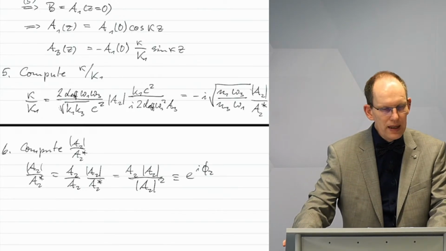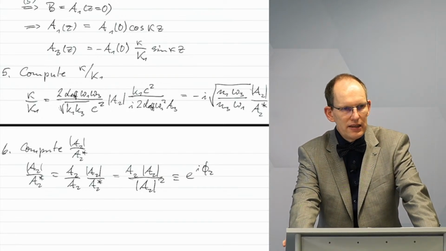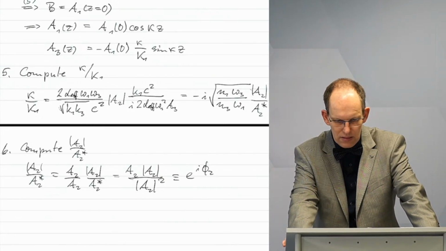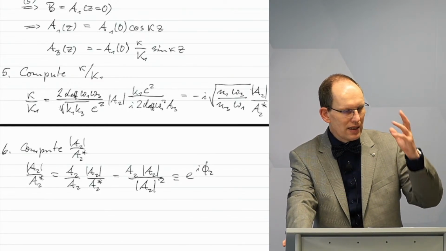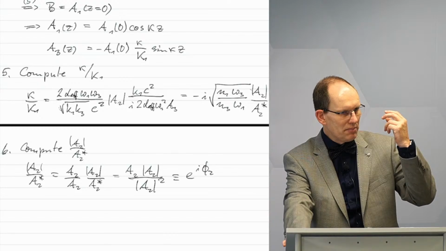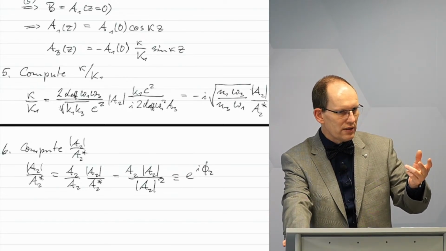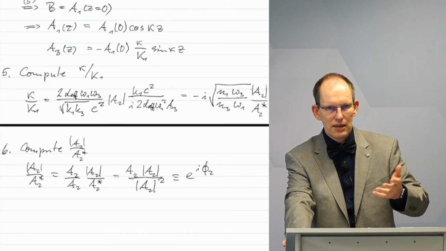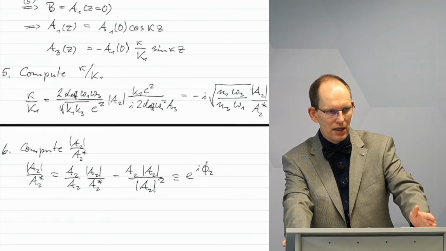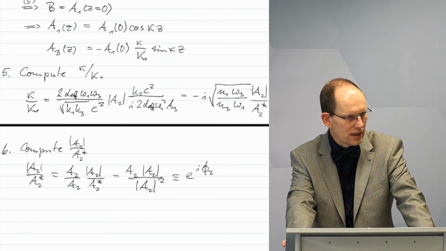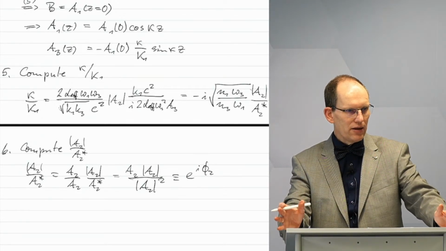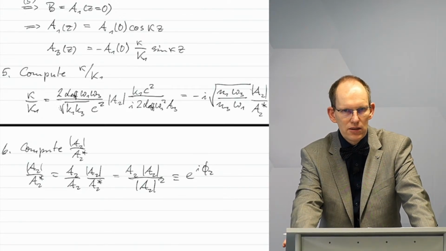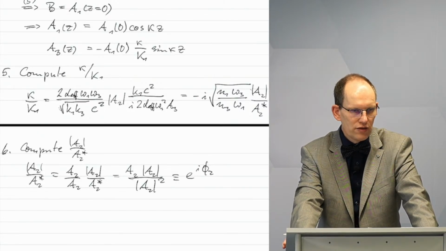So what we can say is that the only role played by A2 is kind of interesting. A2 is the strongest field in this game, so it's kind of the elephant in the room, but it doesn't show up in any of these equations. It's by far the largest field.